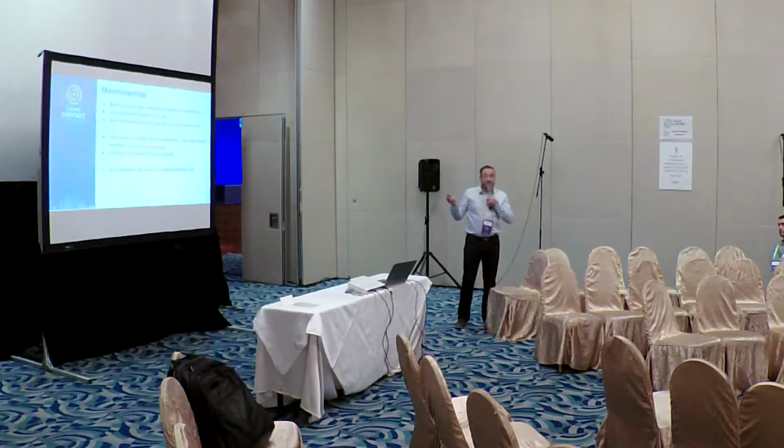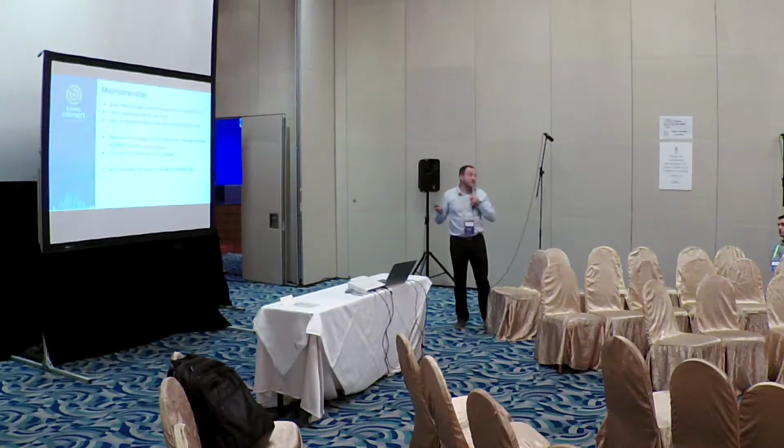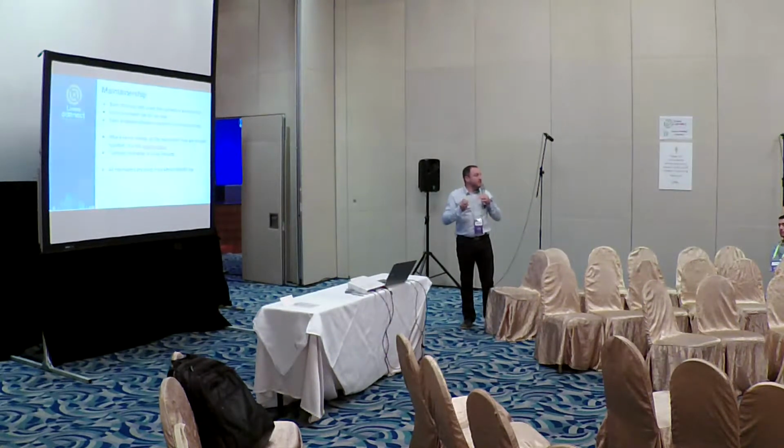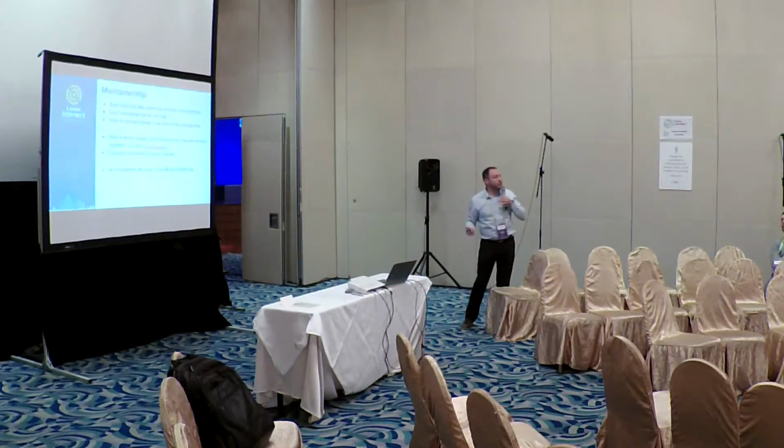I was talking before about the merge window, so that's this part. Each maintainer sends information to the topmost maintainer saying, okay, my tree is ready, you can pull all the changes into your tree.